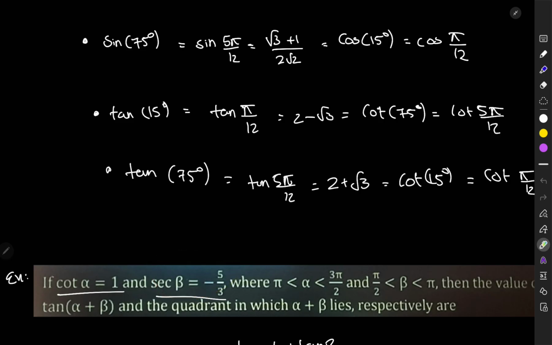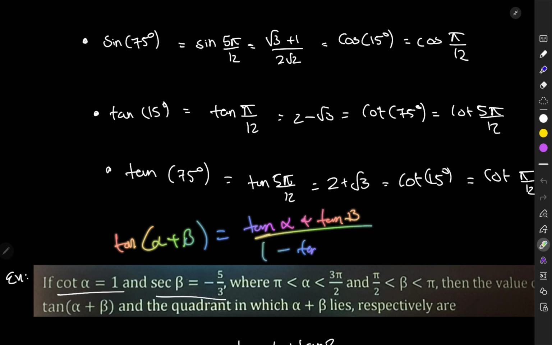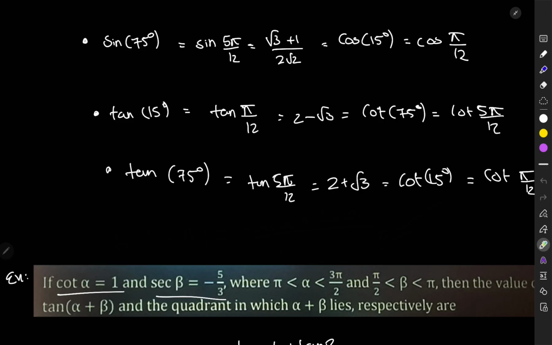After that, we need tan alpha plus beta. We just apply the tan alpha plus beta formula, which is tan alpha plus tan beta by 1 minus tan alpha tan beta, right? So you just found the angles, apply the formula, and you can get the answer.